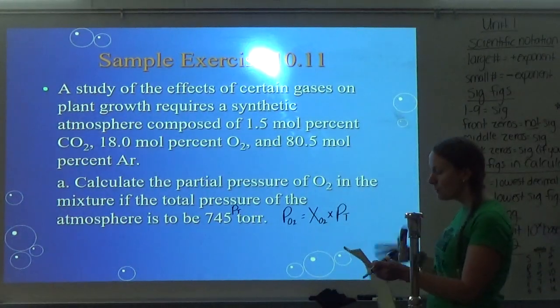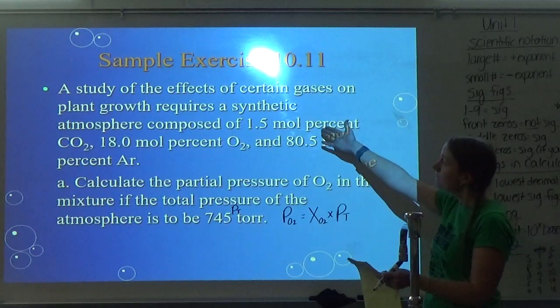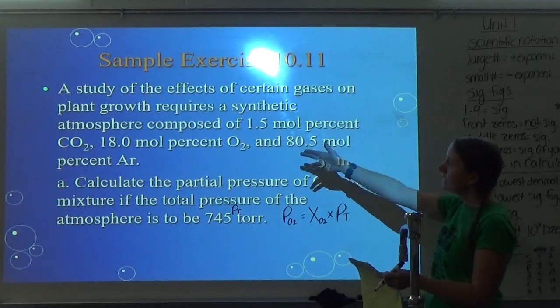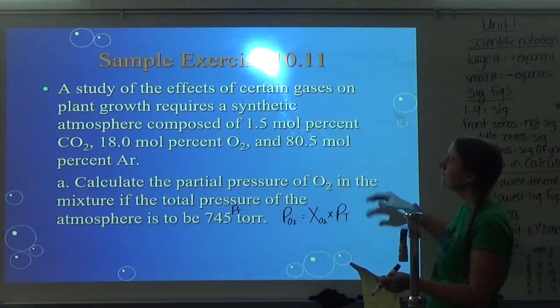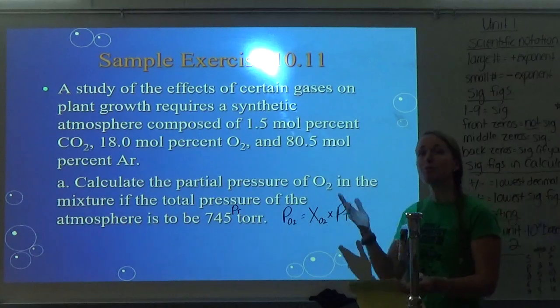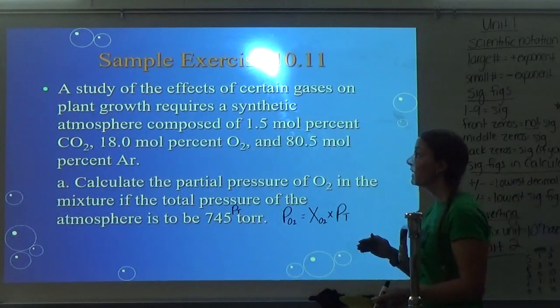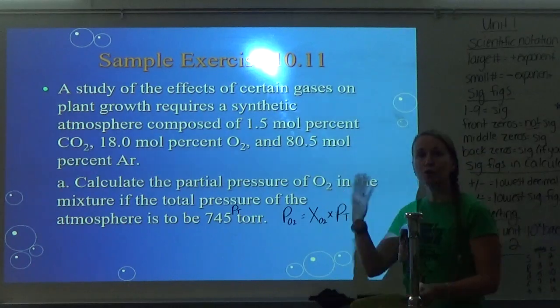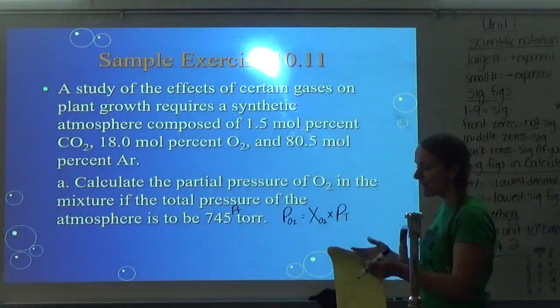All right, so on this one, these are in percentages. See, 1.5 mole percent, 18 mole percent, 80.5 mole percent. So these are percentages, and remember, we don't want it in percent form. The way you take it out of percent form is, of course, move the decimal 2 places, or divide by 100.